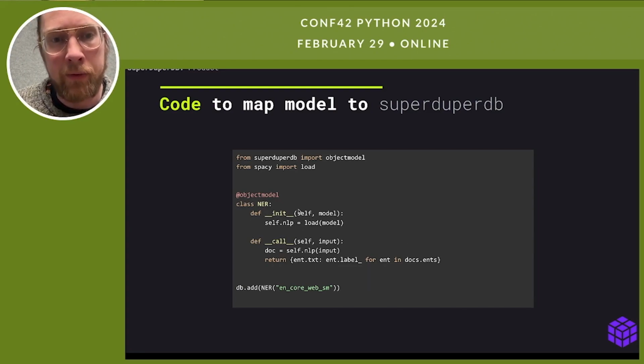SuperDuperDB handles saving these diverse bits of data and code into the system. So you're now able to use spaCy to do parsing. And the cool thing about this is there's no necessity for us as SuperDuperDB maintainers to have already made this spaCy integration. You can really just bring it to your SuperDuperDB deployment.